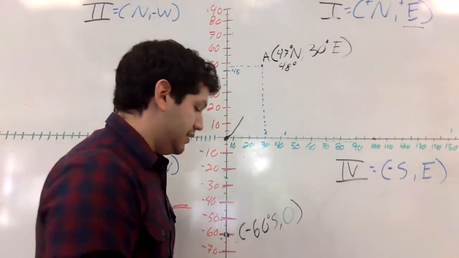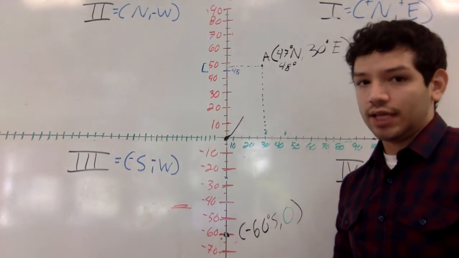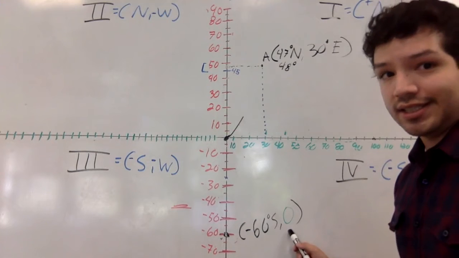Because this is what actual latitude and longitude coordinates look like. They're not whole numbers like this.